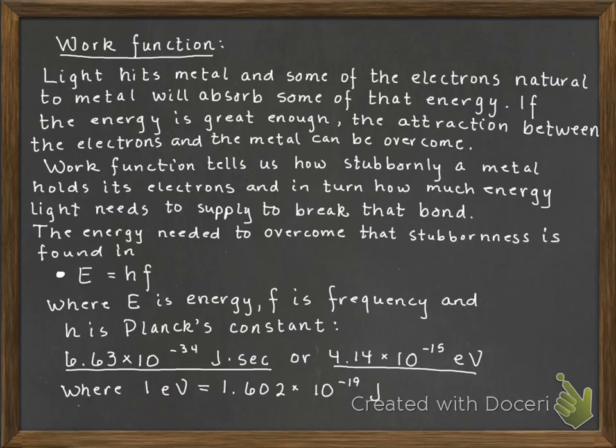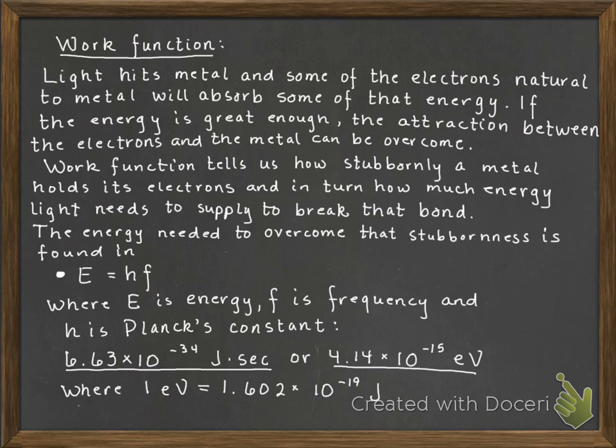Light hits metal, and some of the electrons natural to the metal will absorb some of that energy. If the energy is great enough, the attraction between the electrons and the metal can be overcome. Work function tells us how stubbornly a metal holds its electrons, and in turn, how much energy light needs to supply to break that bond.